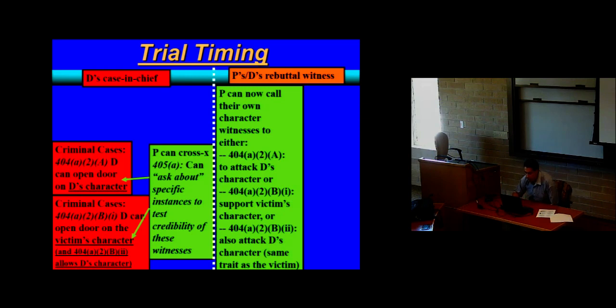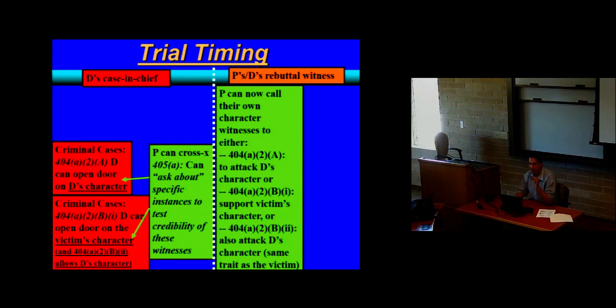So if the defendant opened the door on himself, then we can attack his character. Or if the defendant opened the door on the victim's bad character, now the prosecution can put on evidence of the victim's good character.